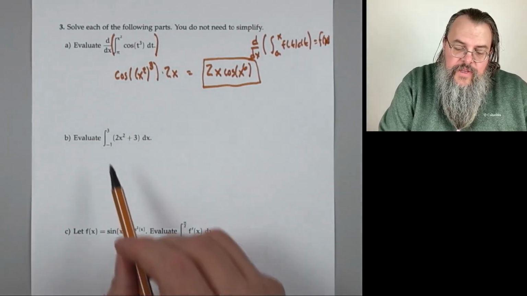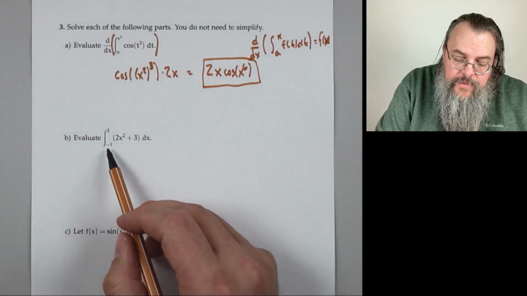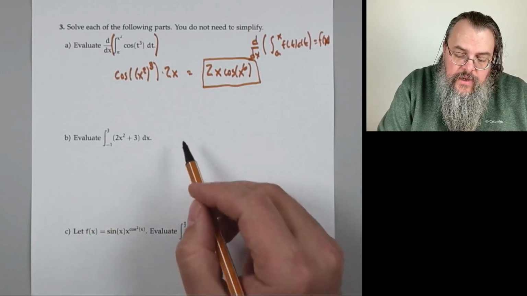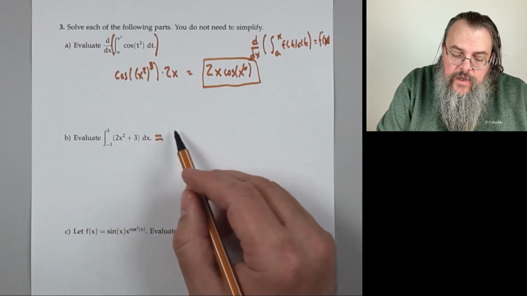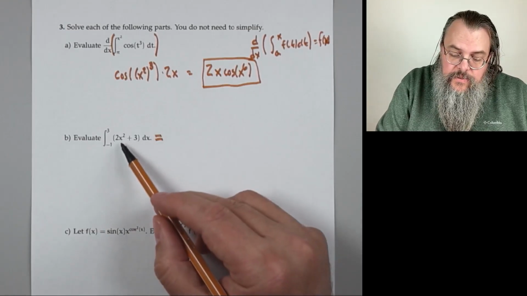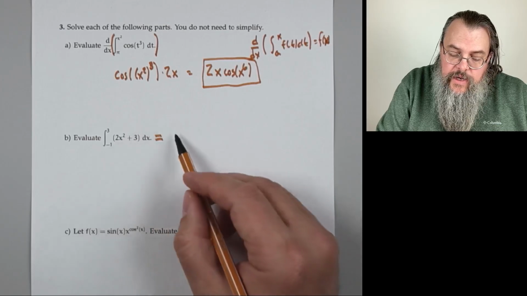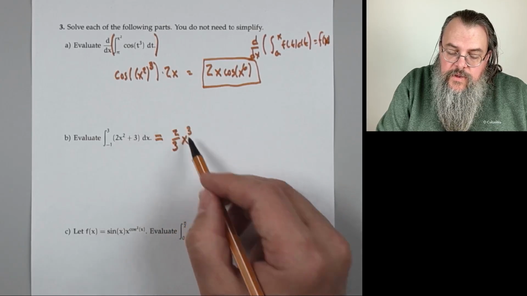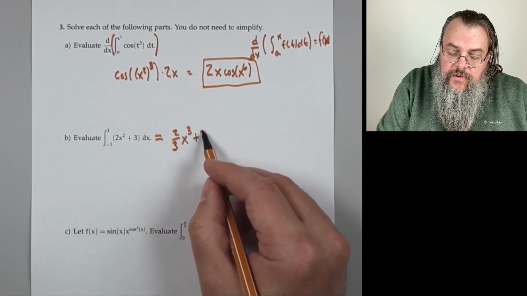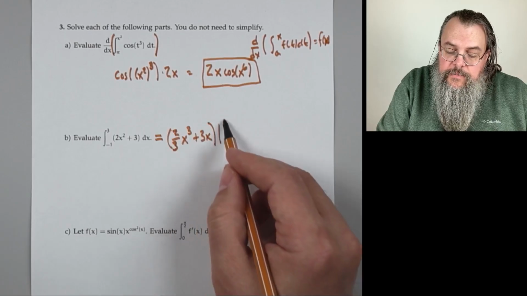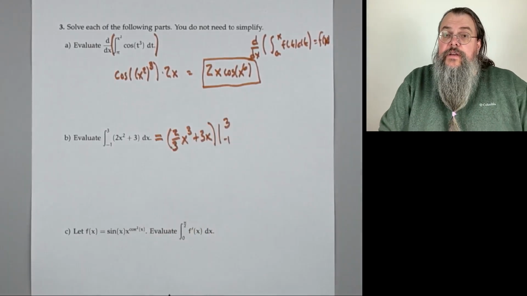All right, find the integral from -1 to 3, 2x squared plus 3 dx. All right, well, this we can do by saying find an antiderivative. So, for example, the antiderivative of 2x squared, we could choose it to be 2/3 x cubed. The antiderivative of 3 is 3x. And now evaluate from -1 to +3.